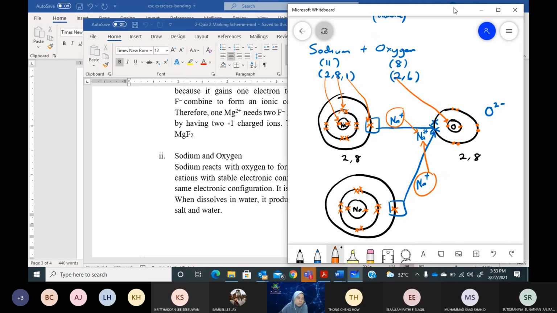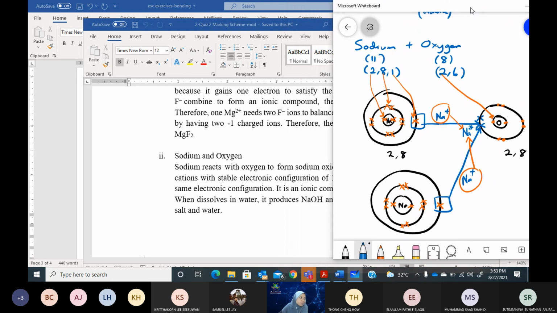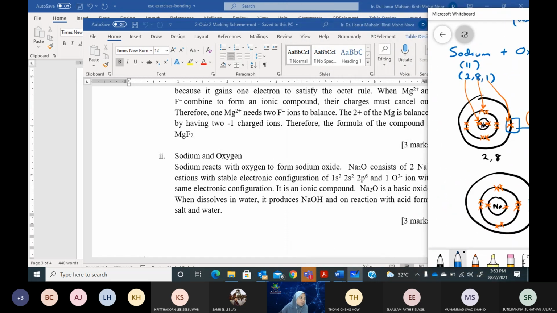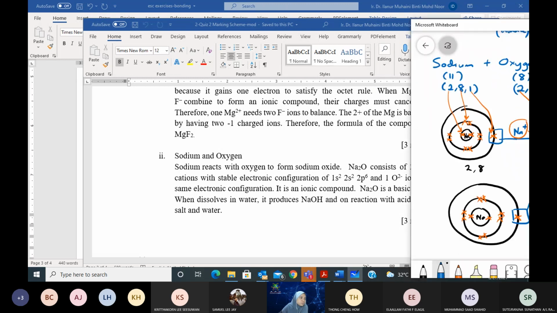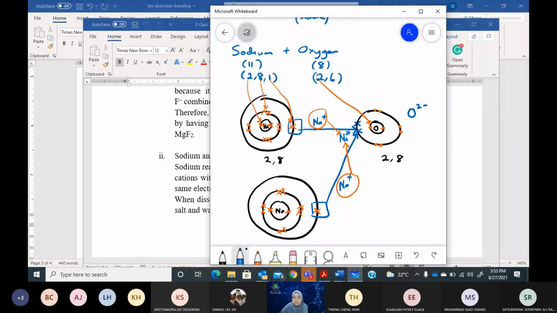So after that, you can add certain wordings inside there. For example, Miss, is it necessary to draw like this?